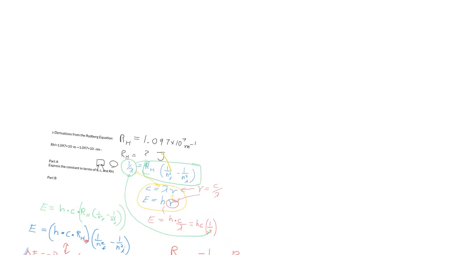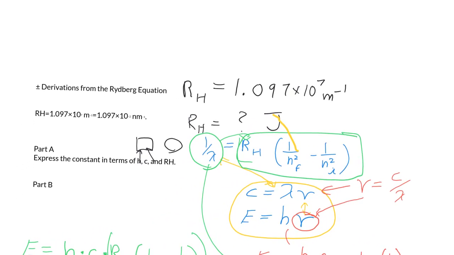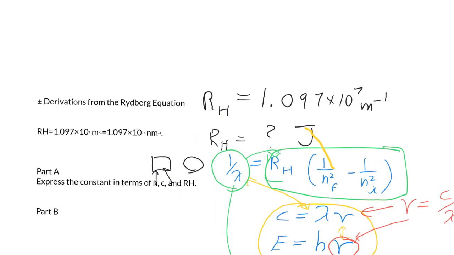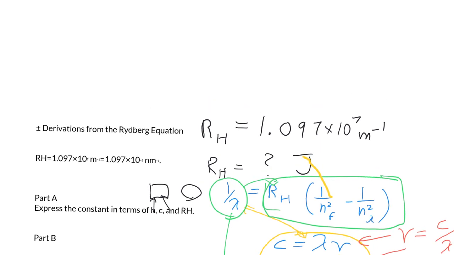They're asking, what is the change in energy in those annoying units of kilojoules per mole for an electron transition from n equals 3 to n equals 2?